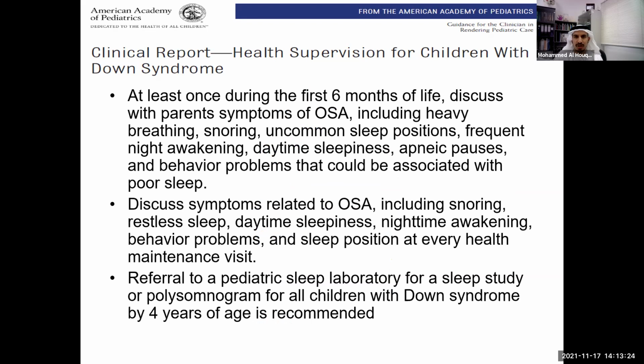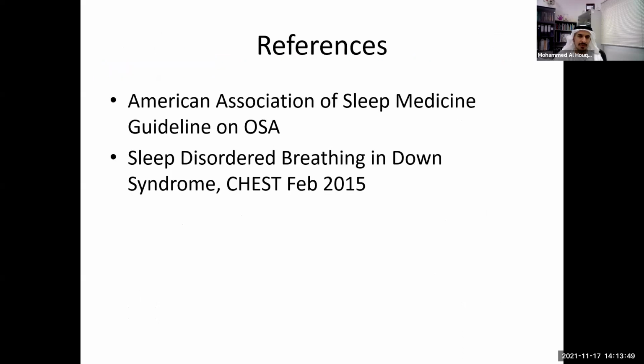Symptoms like snoring, frequent night awakening, daytime sleepiness, apnea, behavioral problems. We need to discuss with them also a referral to a sleep study at least once the patient is reaching the age of 4.